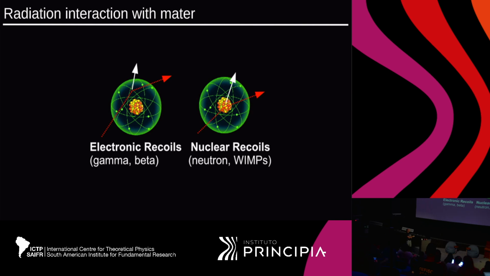So the other possibility is that we are having nuclear recoils. This is what you would expect because of the cross-section that would happen between neutrons and WIMPs. For neutrons, the reason this dominates over this is that here you have the possibility of the neutron to interact with the nucleus directly in a coherent way, or even in an incoherent way if the neutron has enough energy.